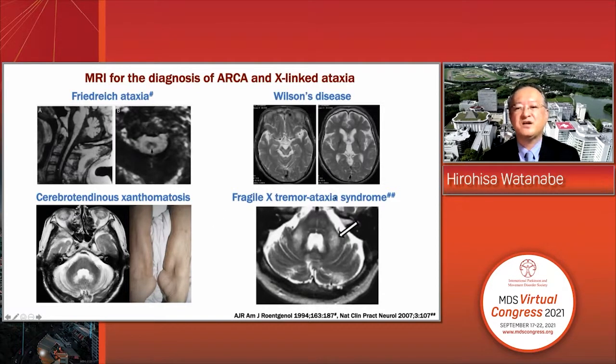Fragile X tremor ataxia syndrome patients show increased signal intensity in the middle cerebellar peduncle on T2-weighted images.